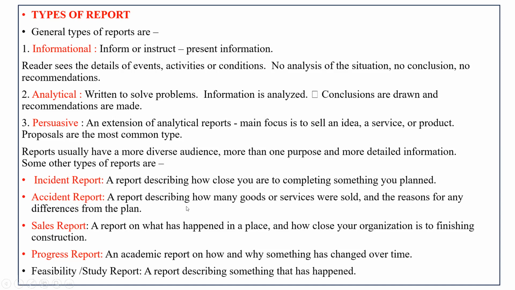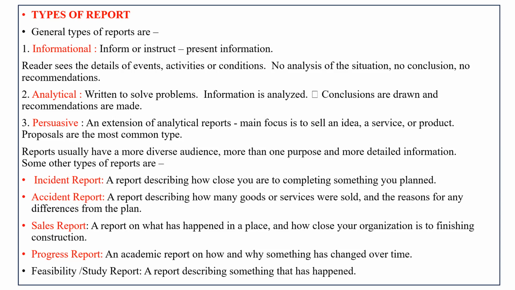This report generally describes how many goods or services were sold. So it's just an account of whatever goods I have, or whatever services I'm giving, how good they are or how much they sell, and the reason for any differences from the plan.